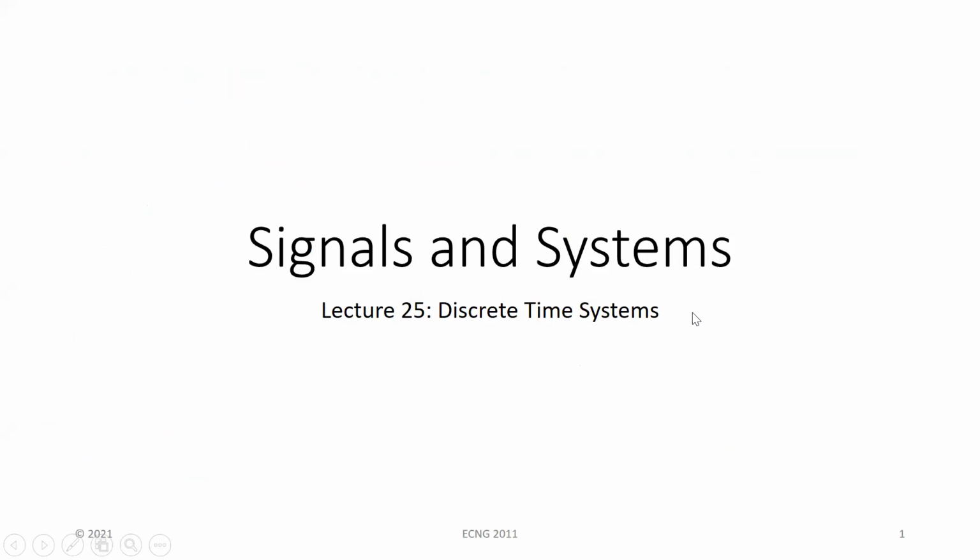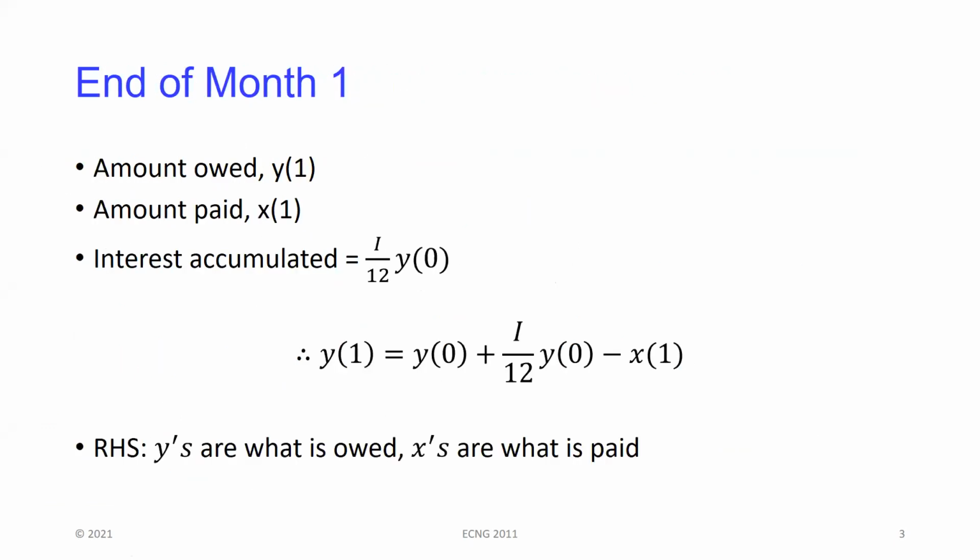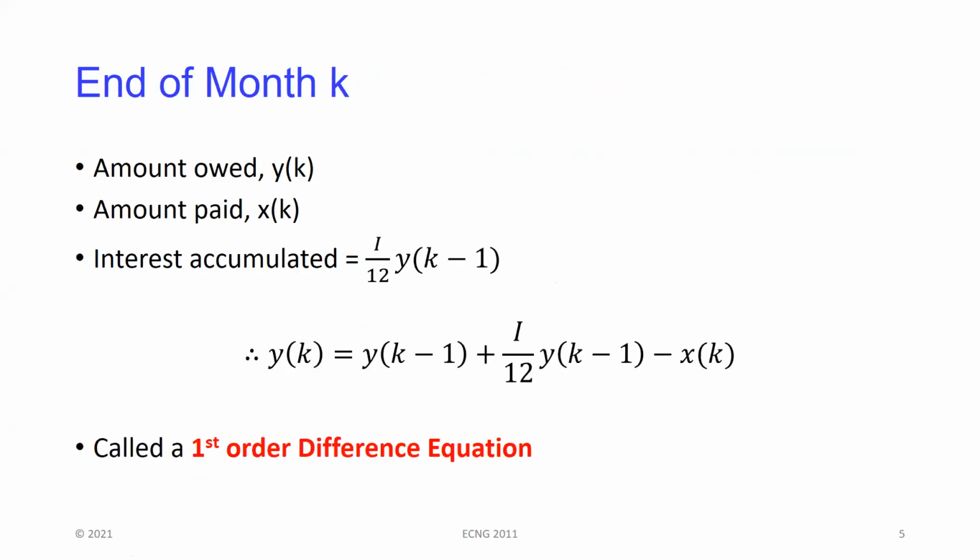When we had done this particular review, we had done a little example where we were developing a type of equation. It just so happened that this equation was something to do with repaying a loan. But in doing that, we landed up with something called a difference equation. All right.